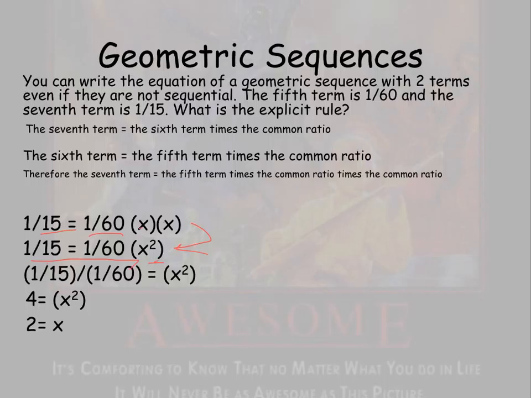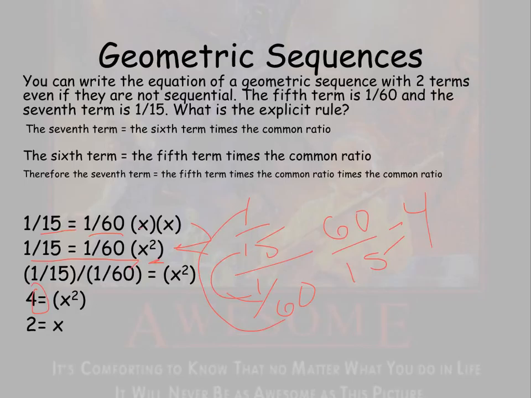To get x squared by itself, we are going to divide both sides by 1/60th. In case you forgot how to divide fractions, you can do the keep change flip method. I'm going to do the toilet bowl method because it looks like a toilet seat. And we're going to do 60 times 1 is 60. That's your numerator. 1 times 15 is 15, and that simplifies to 60 over 15 is 4. So that's how we get this. So then you get 4 is equal to x squared.